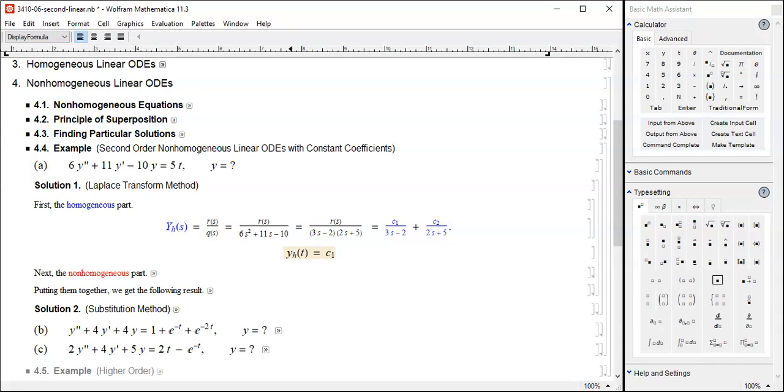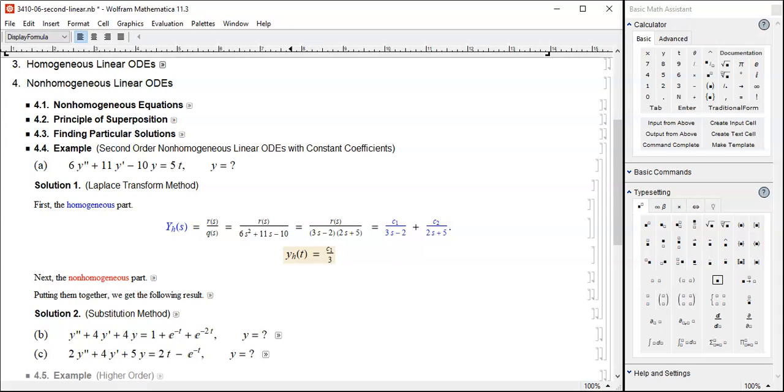This is what we get, C1 over 3 exponential of 2/3 t, and then C2 over 2 exponential of negative 5/2 t. Did I do this right? Okay, let's include this one in.